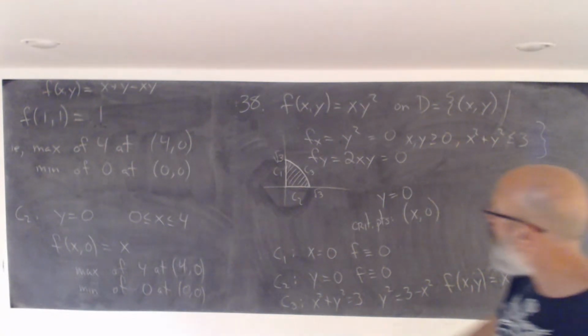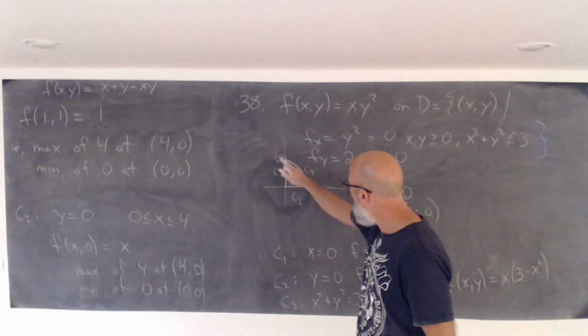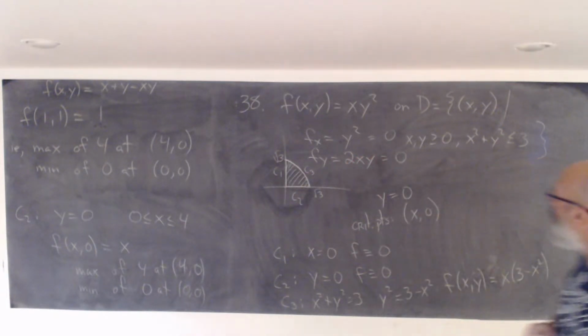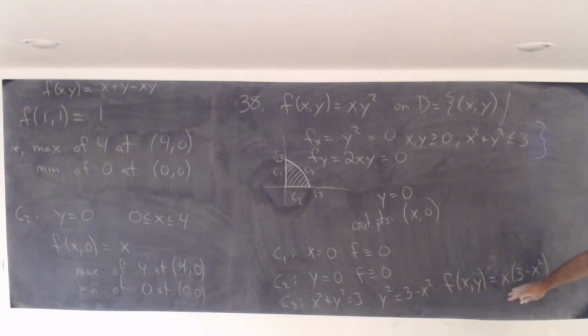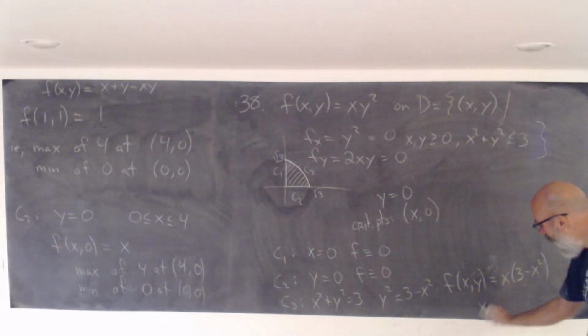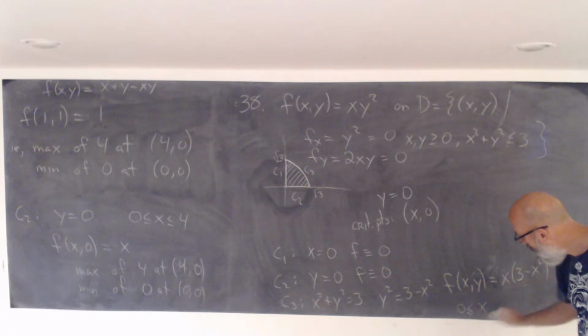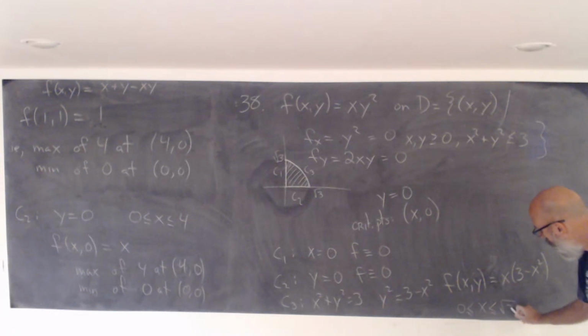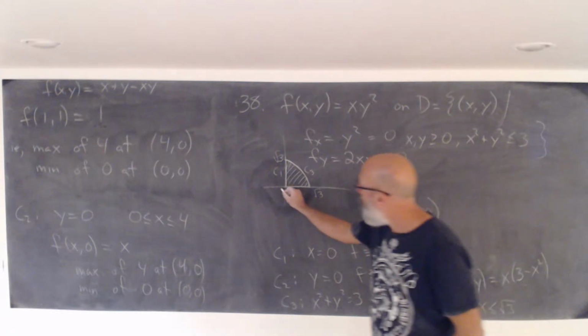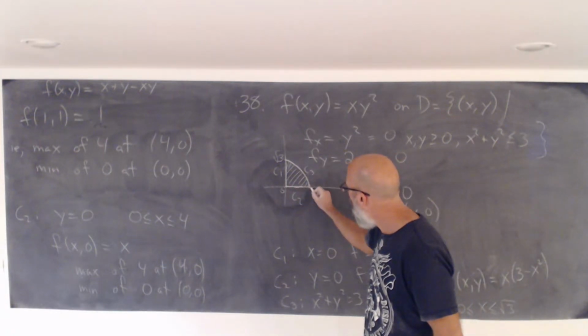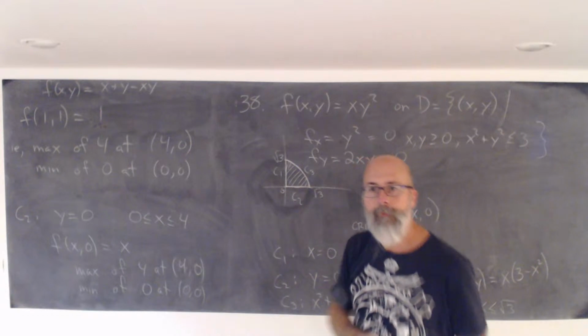On this part of the circle C3, this is what your function looks like, where x is bigger than 0, but less than or equal to root 3.